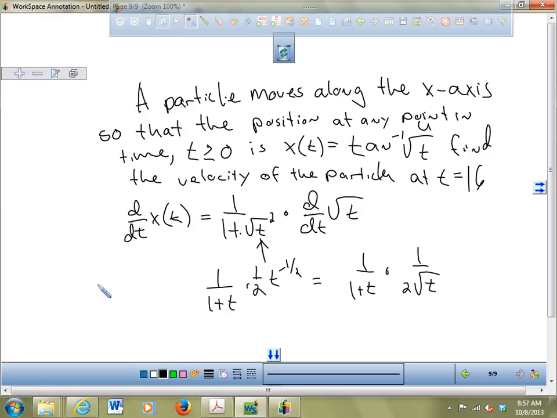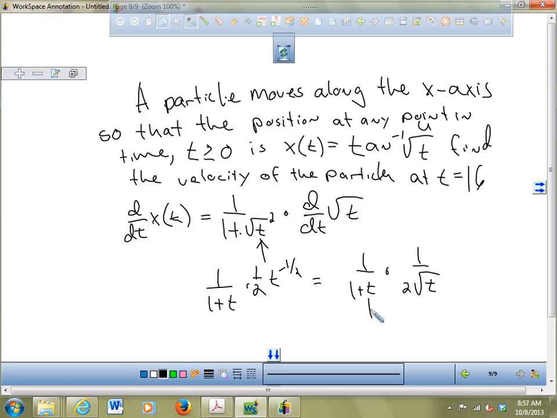I'm just wondering where the square root of t squared went. Because I squared it. Root of t squared is just t. Right? Root of 5 squared is 5. So I just squared the root of t, and it very conveniently turns into t. And this is the derivative of root of t.